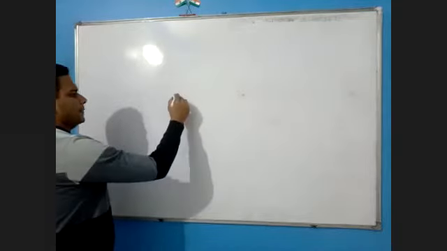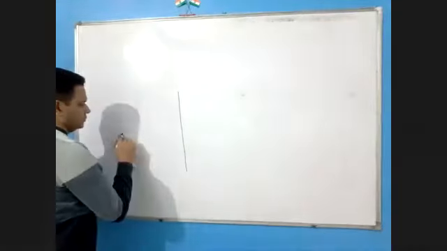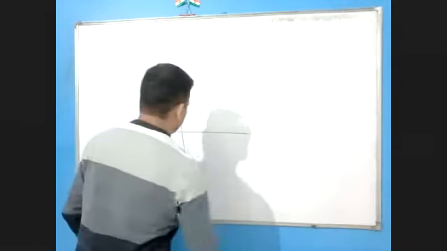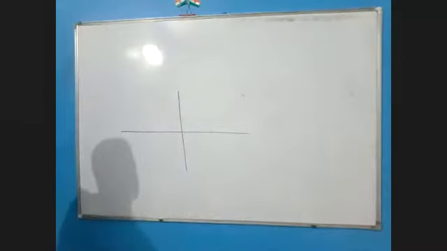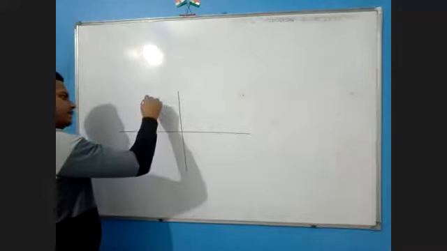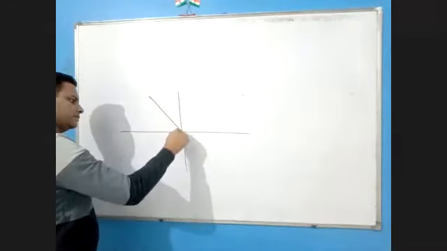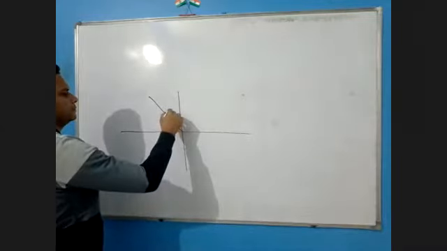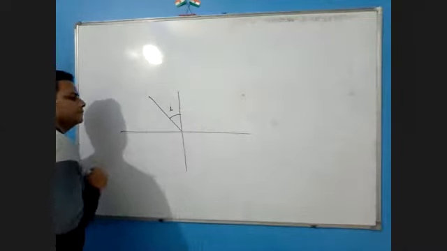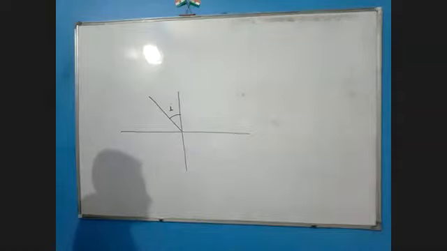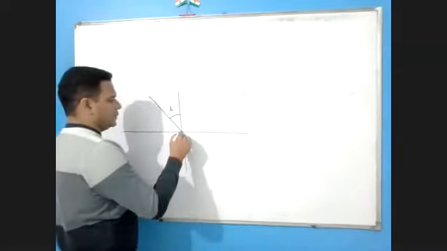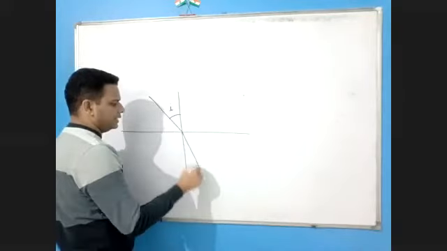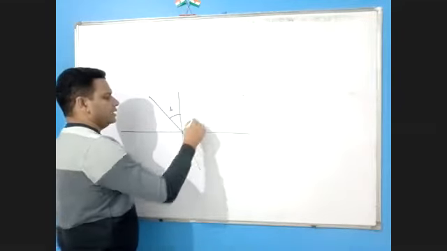Sir, let we have a surface, and light is incident on it at angle i. Okay, a few portions of light get refracted and a few portions get reflected.